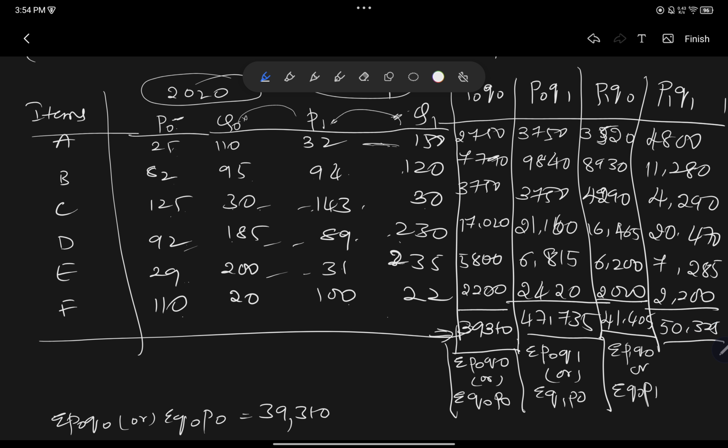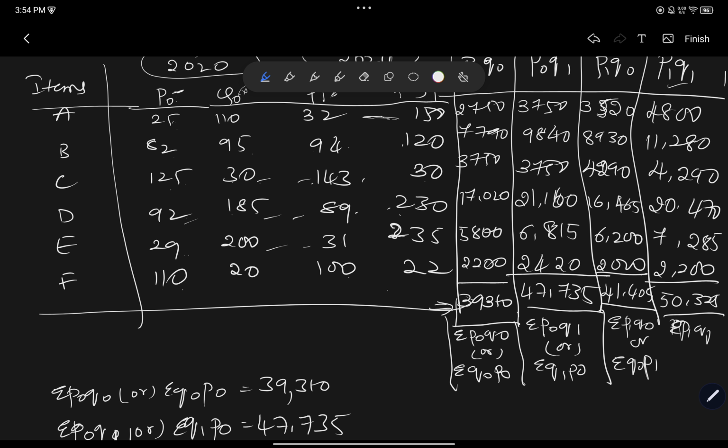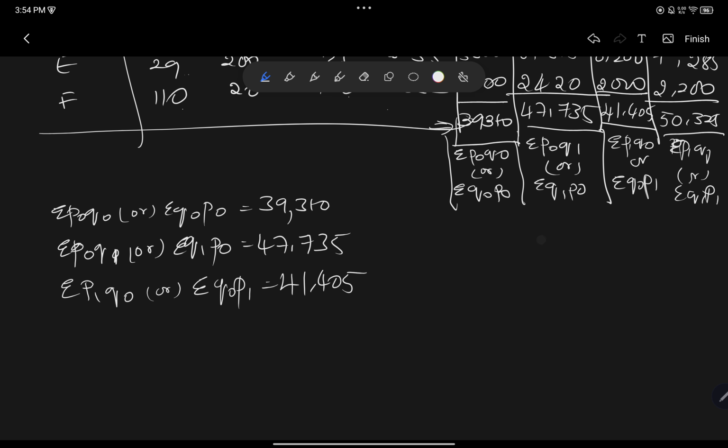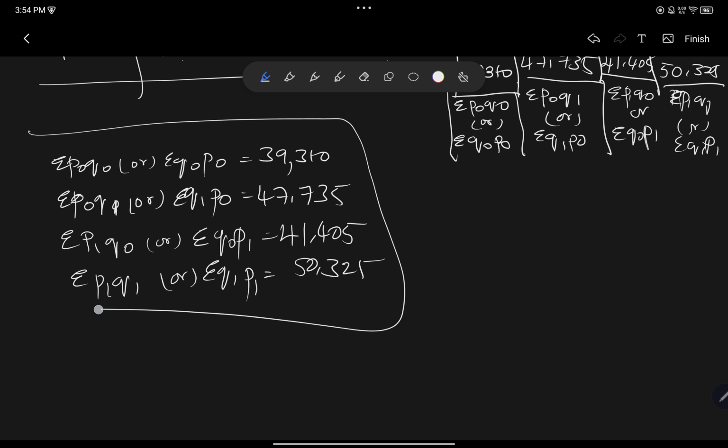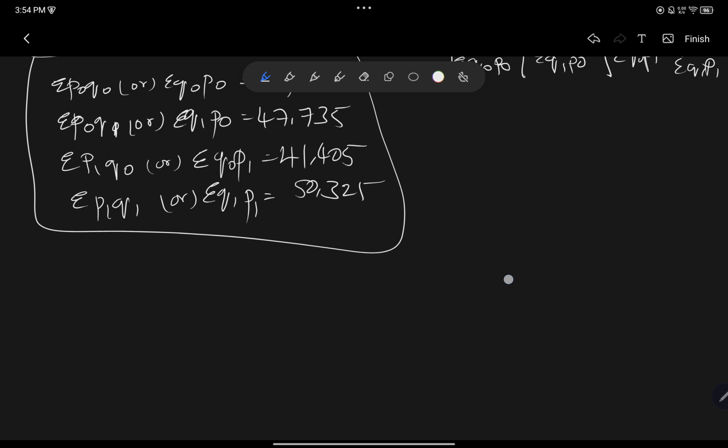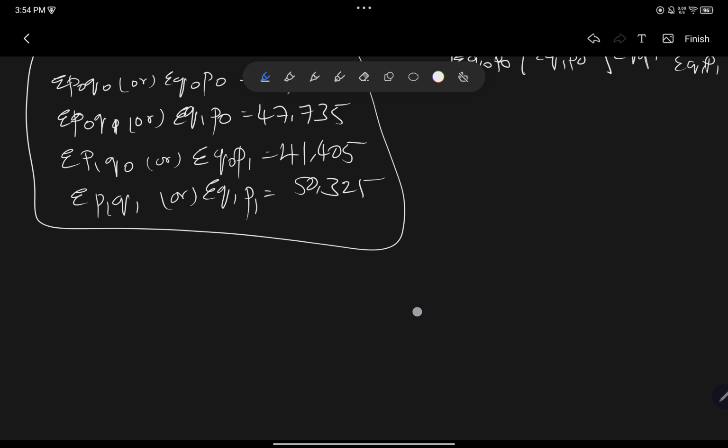That is the total of P1 Q1, or summation of Q1 P1. So summation of P1 Q1 or summation of Q1 P1 is 50,325. So we have got all these four totals which are required to calculate Fisher's ideal index, right?